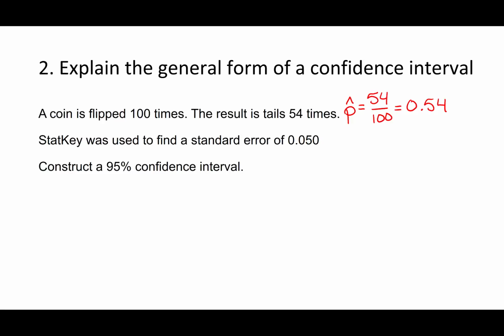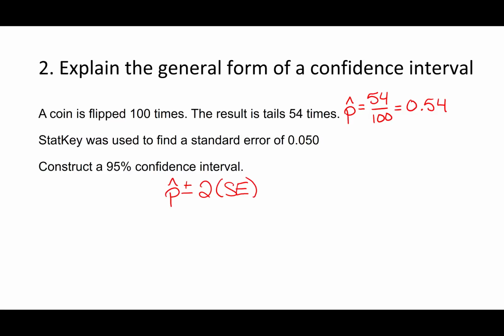The general form for a 95% confidence interval is sample statistic plus or minus 2 times the standard error. For a single proportion, this would be p hat plus and minus 2 times the standard error.